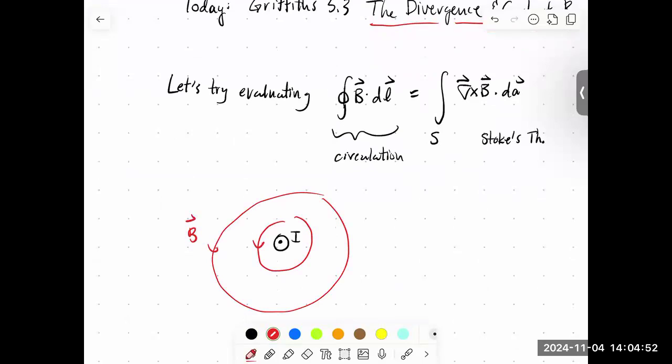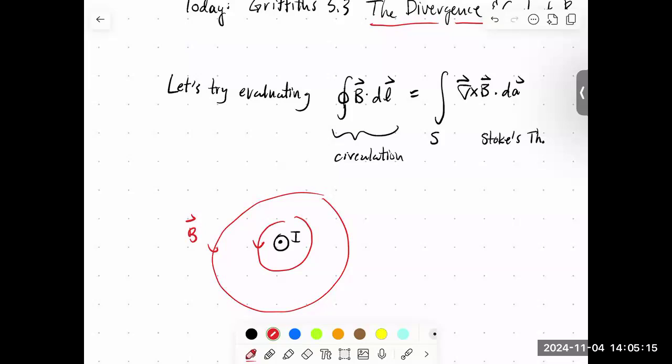What I want to do is pick my integration path so that the integral is easy to evaluate. So given the geometry of this magnetic field, what kind of path should I choose? I'll choose a circular one. Where should I put the center of the circle? Right at the current, right?